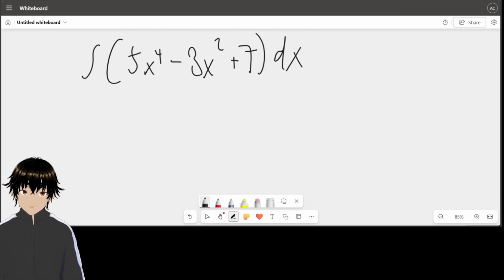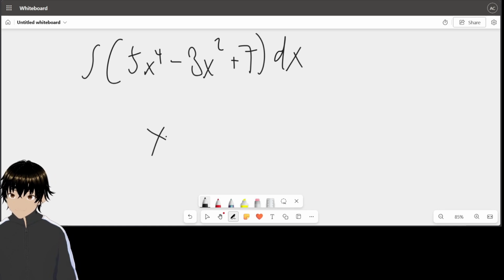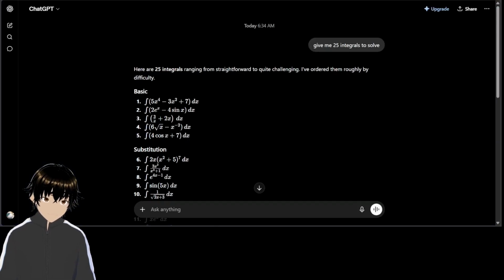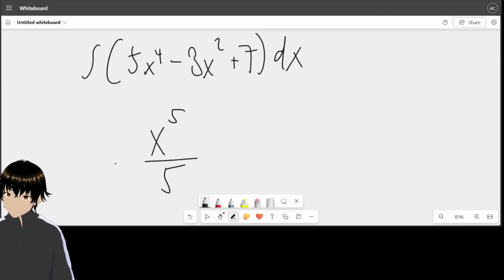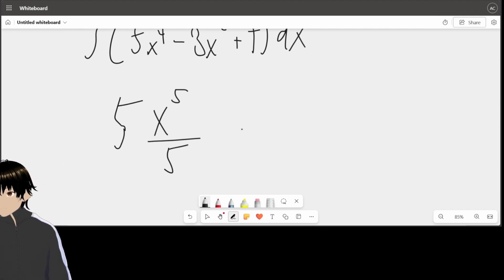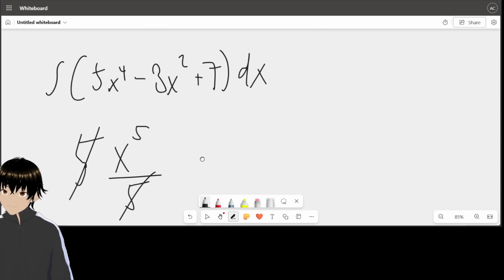So you have x^5, x to the 4 plus 1 is 5, so we're just going to divide it. 5 divided by 5, we're just going to have x^5 here.